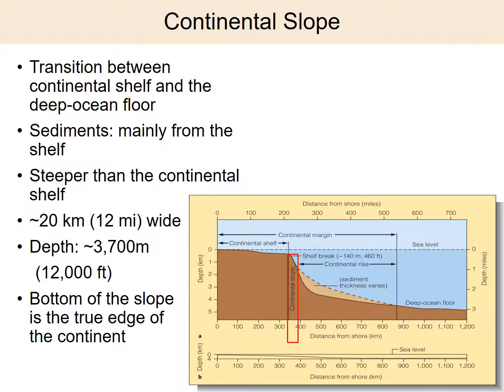It is steeper than the continental shelf. It's about 20 kilometers wide, which is about 12 miles. The depth generally is about 3,700 meters, which is about 12,000 feet. And the bottom of the slope is the true edge of the continent.